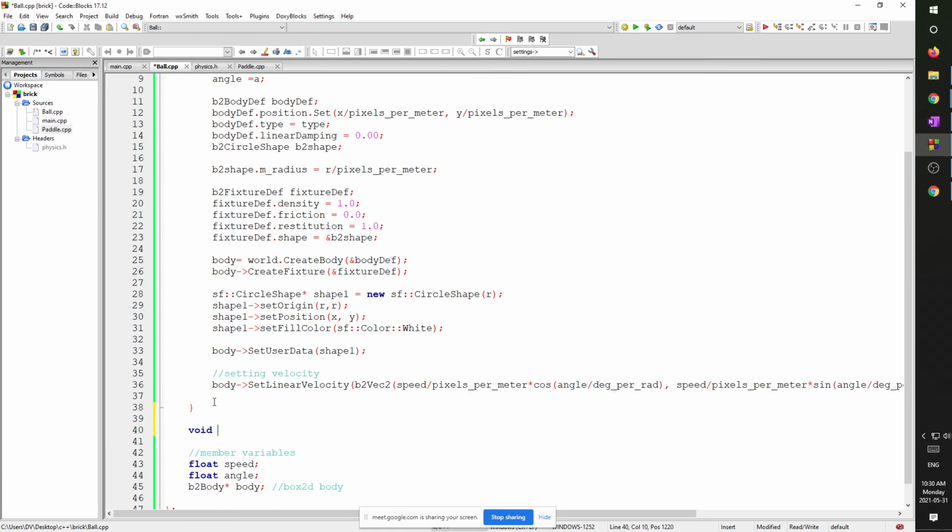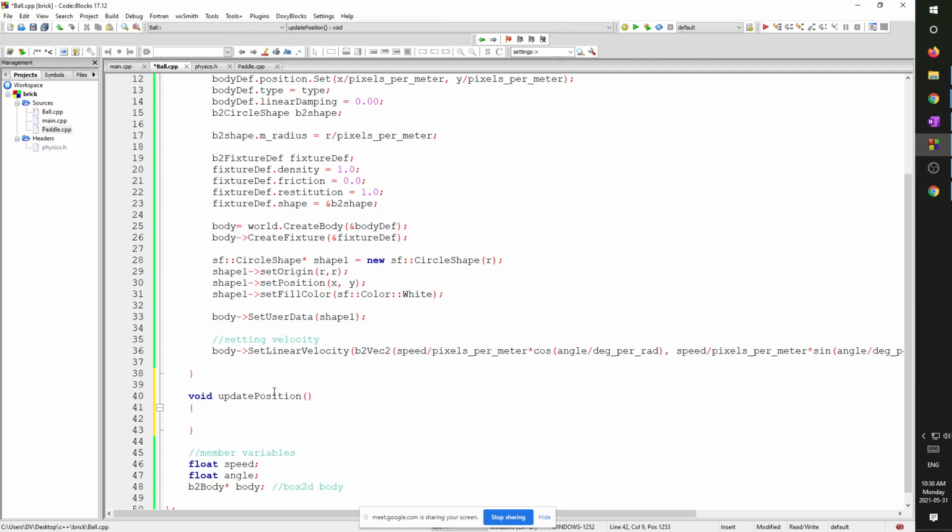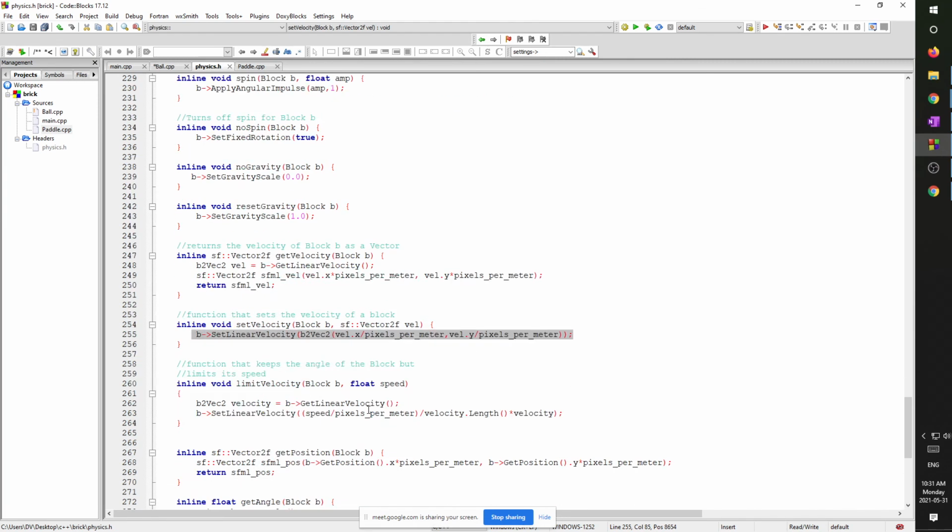Void update position. Ball might as well have one too. And there's a line of code in physics.h that I added a long time ago.